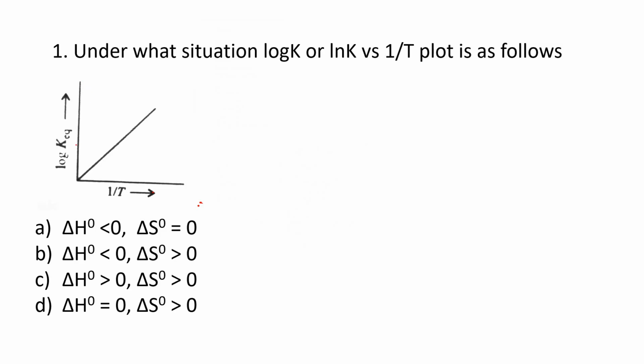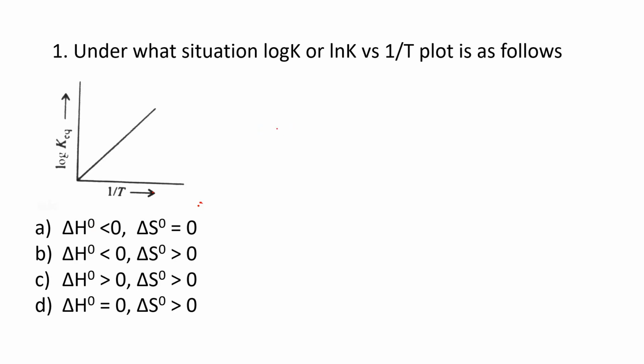So this is the plot, that is log K versus 1 by T, and this plot is a straight line passing through the origin. So under what condition? Four options are given, right?